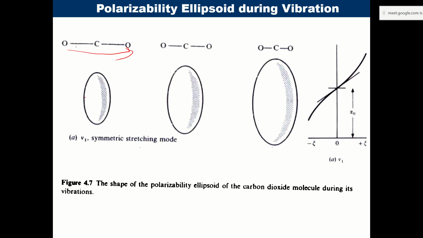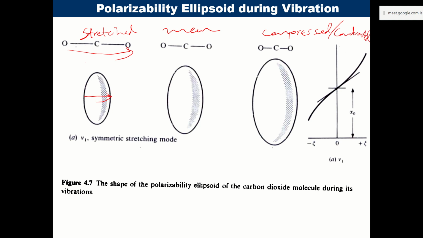So polarizability is higher here. देखिए, the ellipsoid is drawn small; an ellipsoid works in the opposite way. In an ellipsoid, the axis along which polarizability is higher becomes shorter in length. So as it is stretched, this is the stretched, this is the mean, and this is the compressed or contracted, whatever you may say.